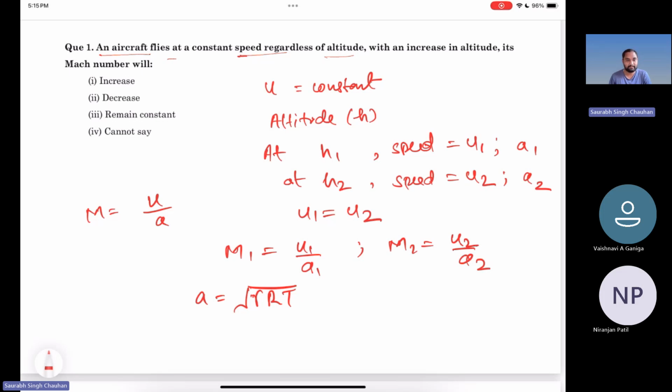As you go higher, speed of sound decreases. Since the speed of the aircraft is constant and the speed of sound is decreasing, the Mach number should increase, right? M2 should be greater than M1 if you go upward. If the altitude increases, then Mach number will also increase if the aircraft flies at constant speed.